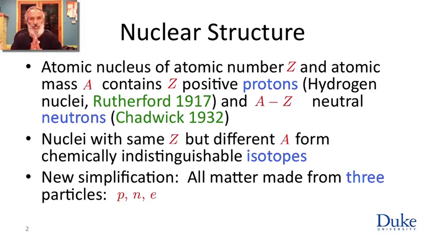This also explains why atomic masses were not precisely integer multiples of the mass of a hydrogen atom or a hydrogen nucleus. The reason for this is that in nature, when we, for example, measure the mass of an atom of hydrogen, we are mostly measuring the mass of the fundamental hydrogen atom with one proton in the nucleus, but there is an isotope of hydrogen called deuterium, which has a neutron and a proton that has twice the mass of a hydrogen atom approximately, but the same chemistry as hydrogen.